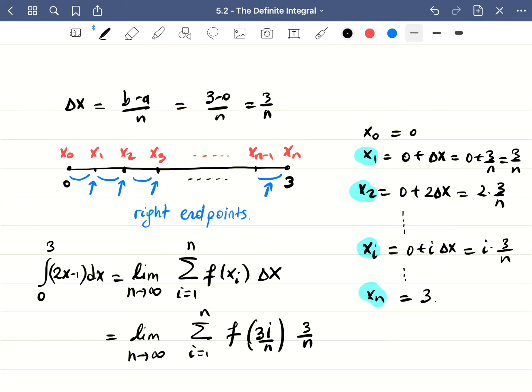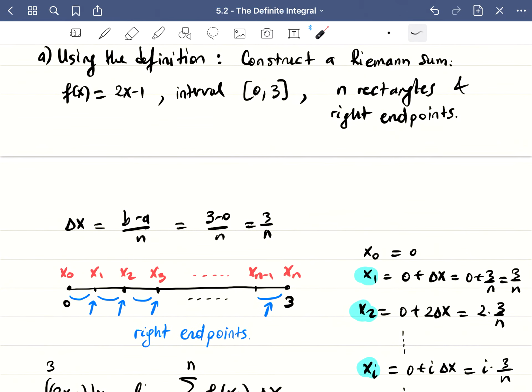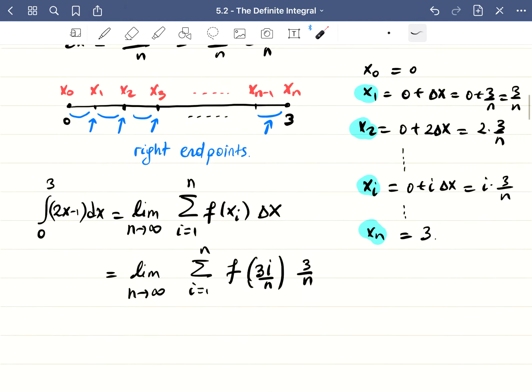Now we plug 3i over n into x in the function.